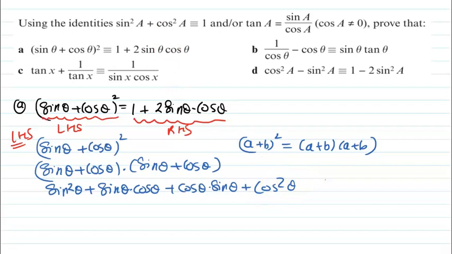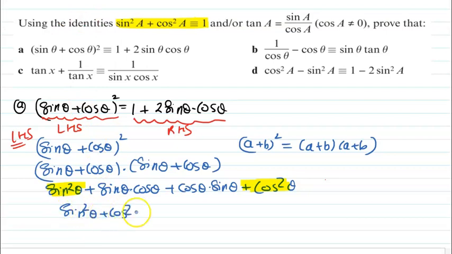Is that okay? Now, if you see, this is sine square theta and this is plus cos square theta, and we know sine square theta plus cos square theta is 1. If you see the highlighted one, sine square theta plus cos square theta is 1. What is left?